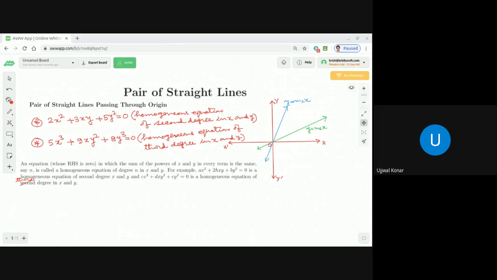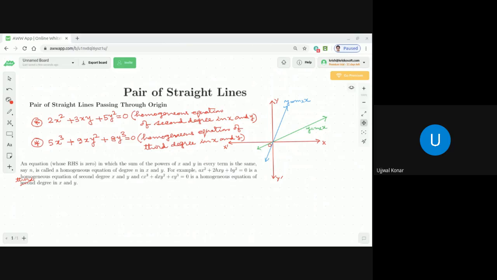Now the first point we are going to discuss is that a homogeneous equation of second degree of the form, as we always see, where the terms of x and y will always be the fixed one, always represents a pair of straight lines passing through the origin.